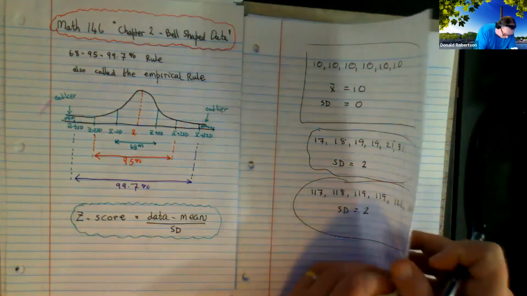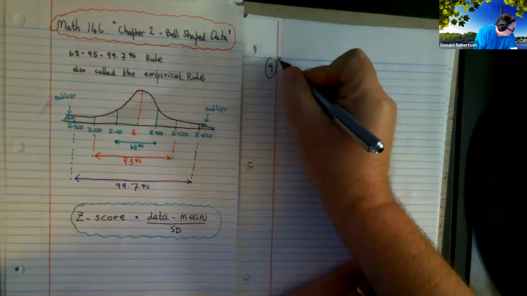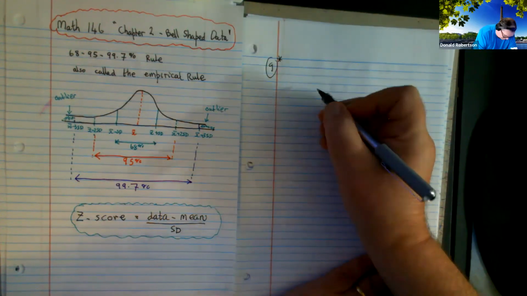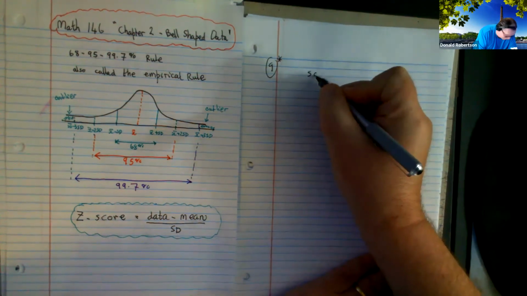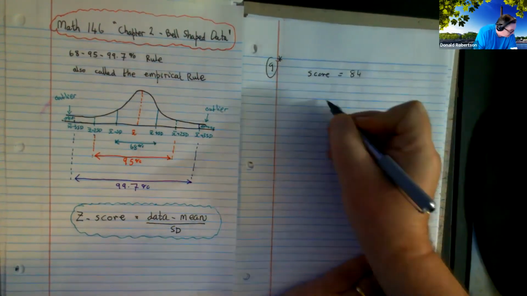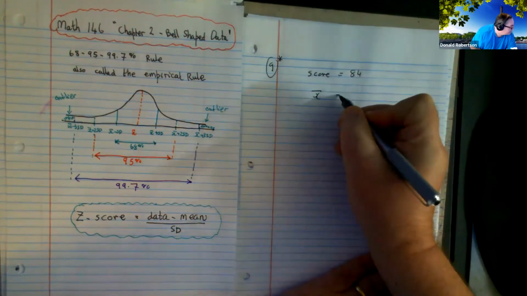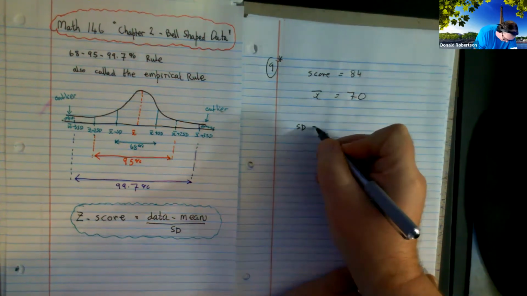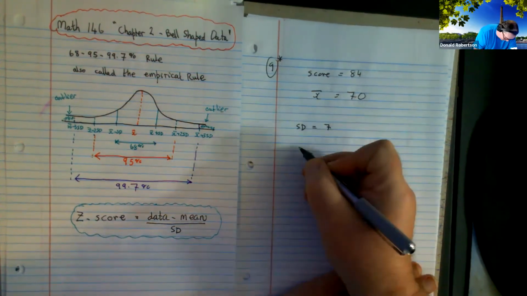How about this puzzle? This actually is one from the homework. The score in the exam that you got, this is your score, was 84, and you know that the mean is 70. Which of these two standard deviations would you like to be true?